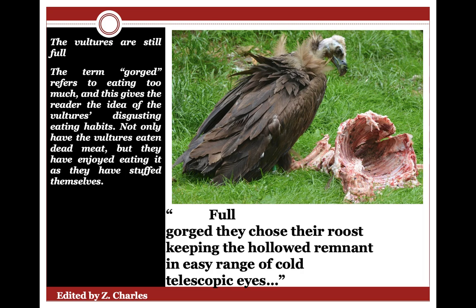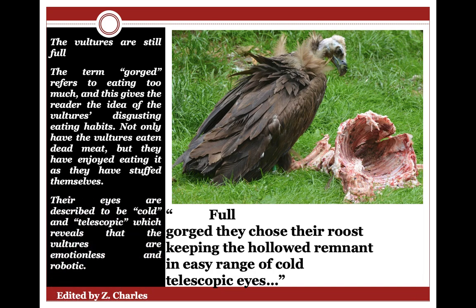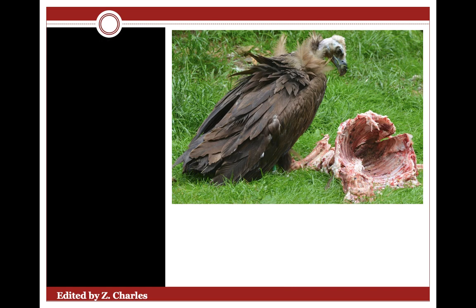Not only have the vultures eaten the dead meat, but they enjoy eating it, as they have stuffed themselves. They eat dead meat of animals or humans, but they are described to be gorged, like they stuff themselves on that meat. And the eyes are described to be cold and telescopic, which reveals that vultures are emotionless and robotic.